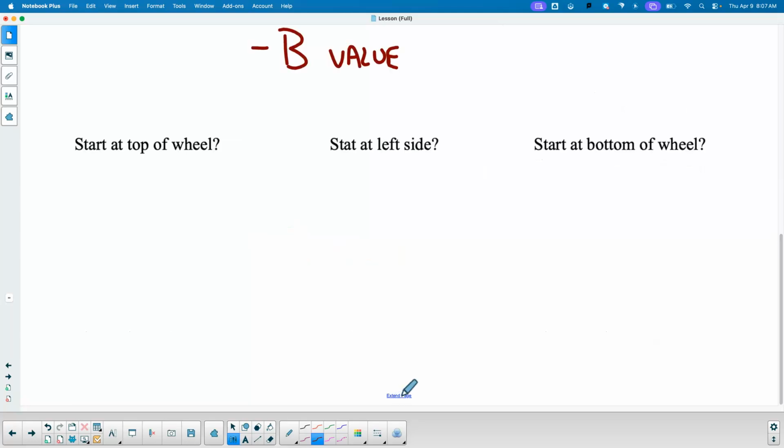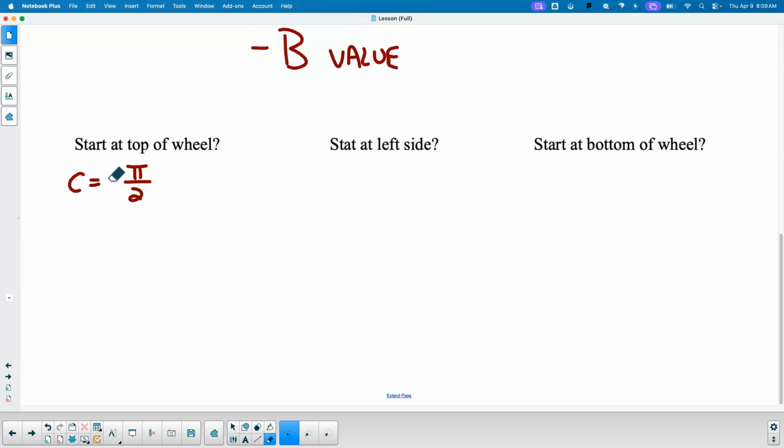If we are loading at the top of the Ferris wheel, then our c value would equal pi over 2. Now I got to think here. Is it pi over 2 or no, because it's inside a set of parentheses, it's going to be negative pi over 2. After some consultation, I forgot it's the one that's goofy. So our c value would be plus pi over 2.